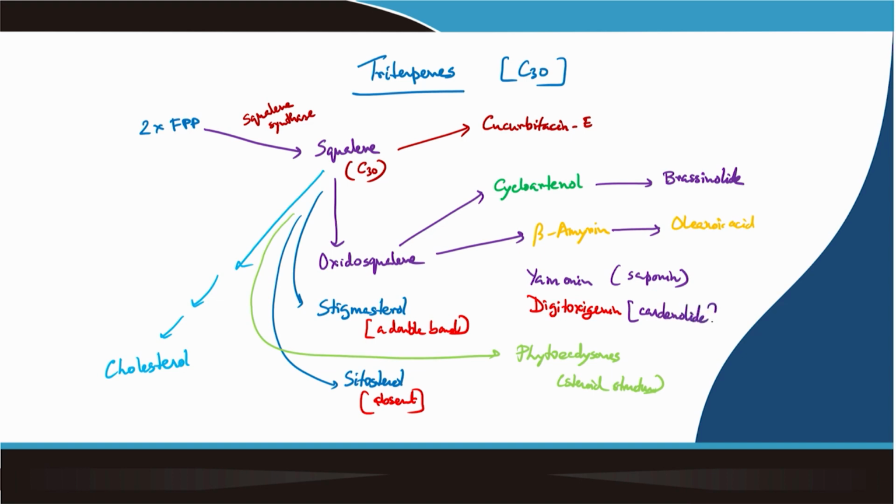At low concentration, it has a role in protecting the heart from diseases. Okay. So, this is about the different triterpenes which accumulate in different plants, and they play important roles, for example, the protection of the plants, protection of the membrane structure, and different aspects. So, this is about the triterpenes C30.